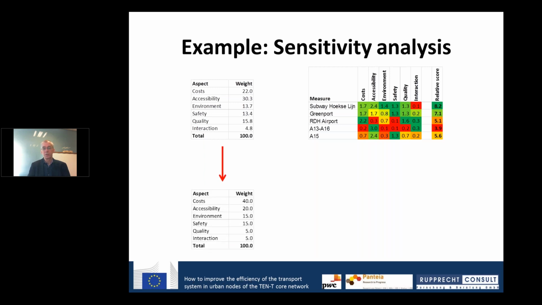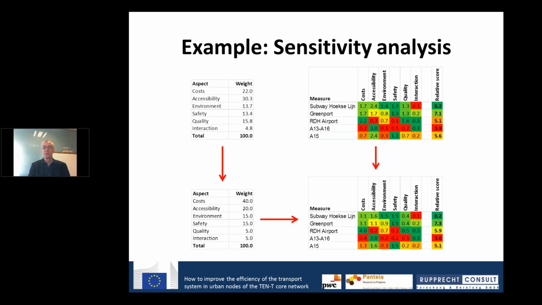We increased the costs weight, and we decreased the benefit weights, and we made costs more important, like 40 points or 40%, and the others became less important. And this gives some new results, and as can be seen, the results are fairly robust.